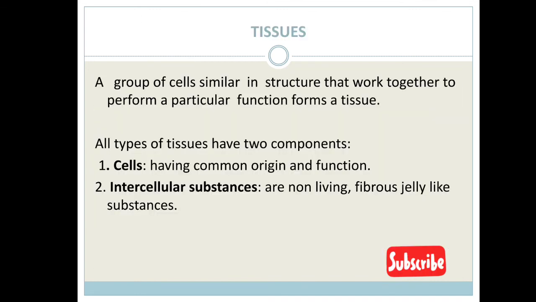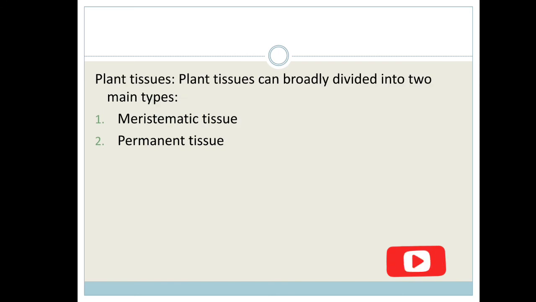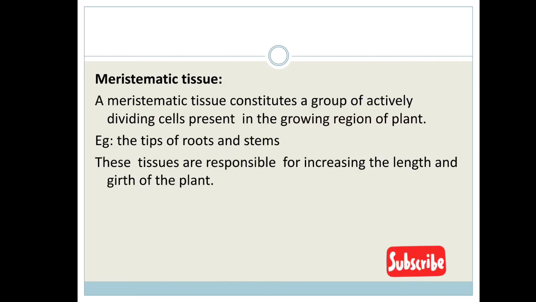Here let us have a glimpse of all these points. These tissues are groups of cells that are similar in structure and work together to perform particular functions. They are broadly classified into 2 types, that is plant tissue and animal tissue. Plant tissue is divided into 2 main types, the meristematic tissue and the permanent tissue. Meristematic tissues are groups of actively dividing cells present in the growing regions of the plants.